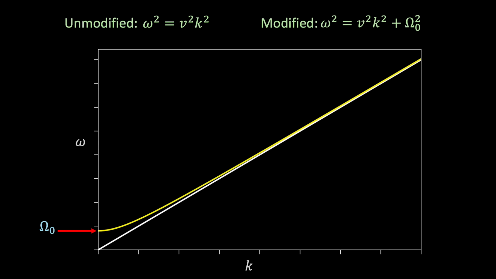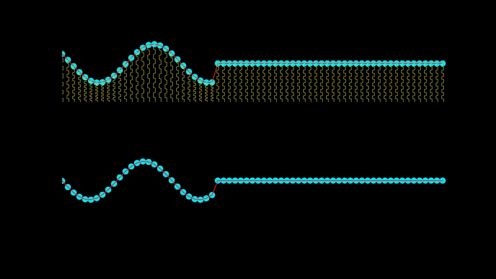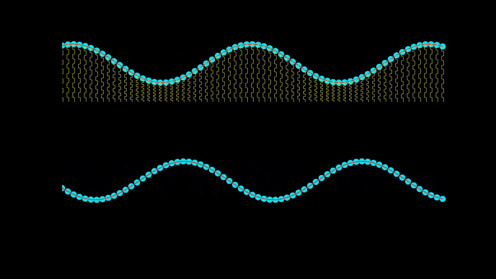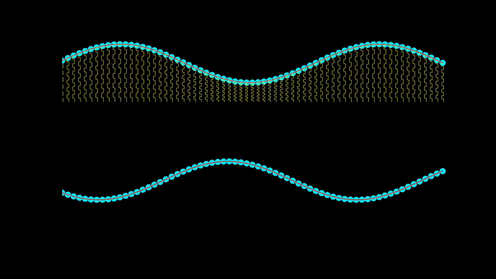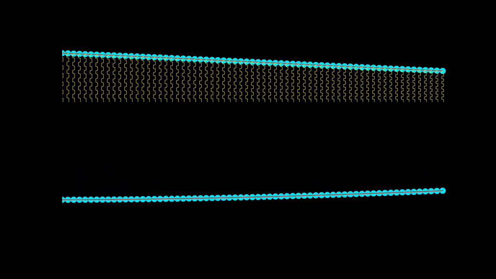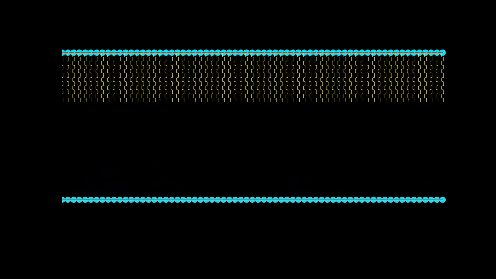We can visualize this by sending waves down our two ropes, one with and one without the springs, and we see that as we steadily increase the wavelength, then in the limit of infinite wavelength, the rope without the springs stops oscillating as its frequency tends to 0, whereas the rope with springs ends up oscillating with a frequency equal to omega naught.